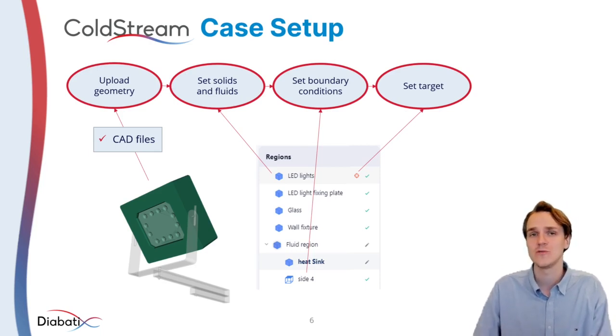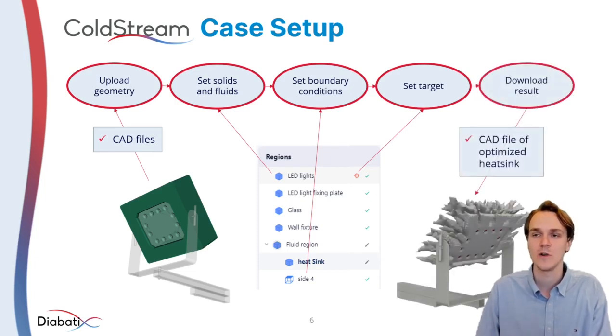Perhaps you have certain restrictions on your pressure drop, or you need a really lightweight solution. We have over 20 targets built into ColdStream to help you find the exact multi-objective optimization that you need to simply get the most out of your heatsink and to not let thermal performance slow down the performance of your entire fixture.